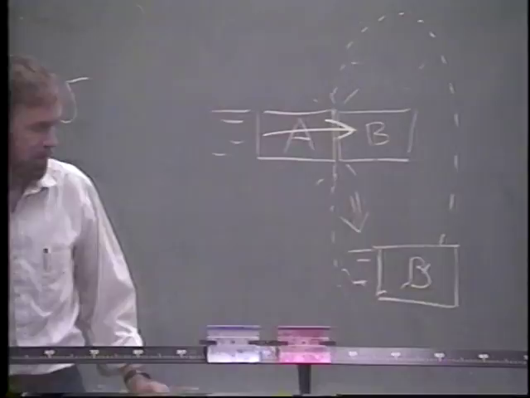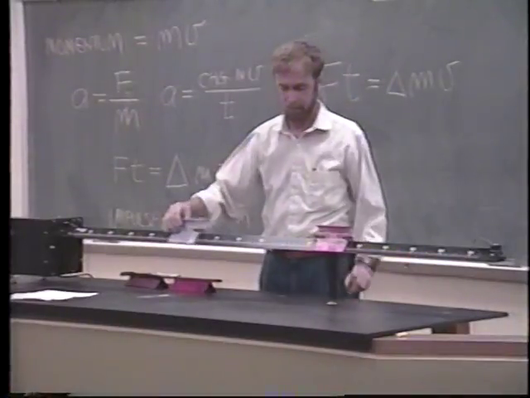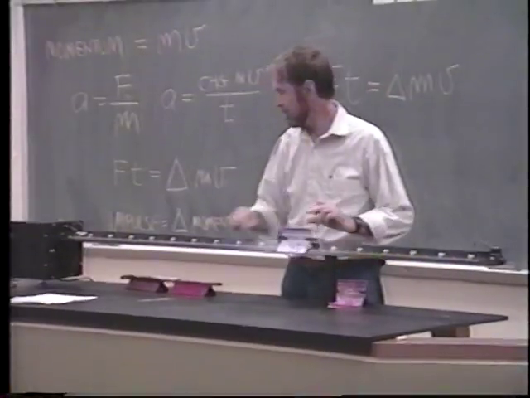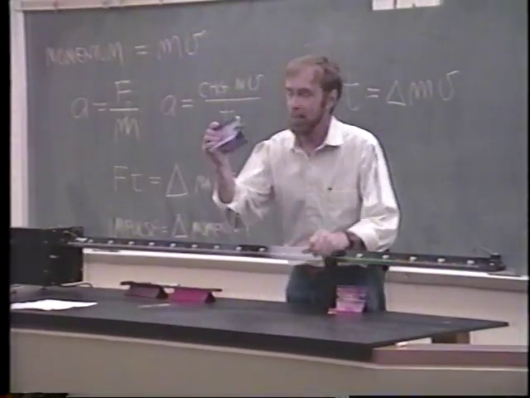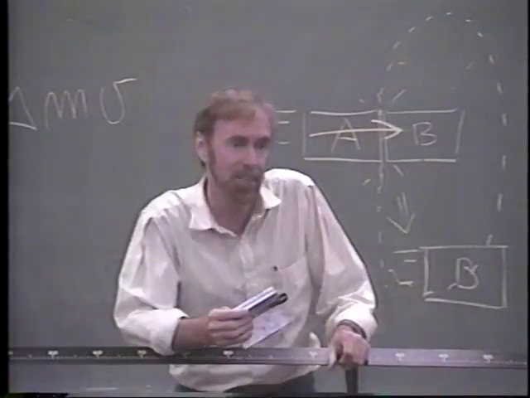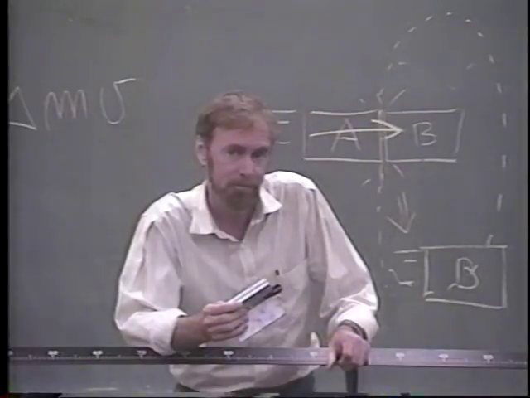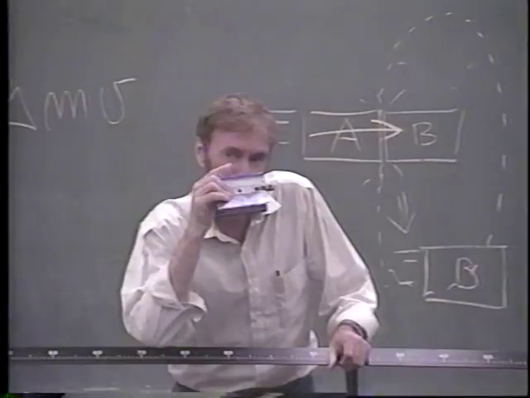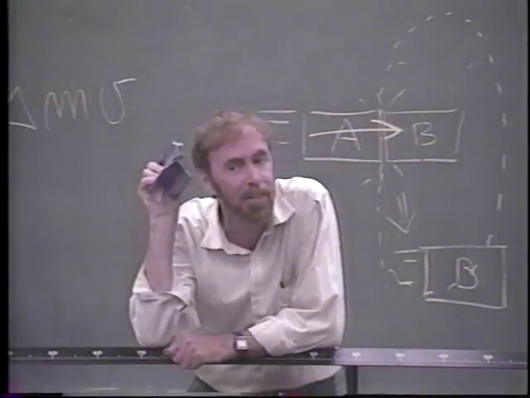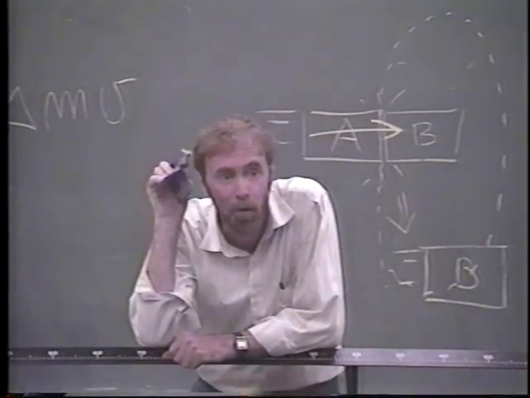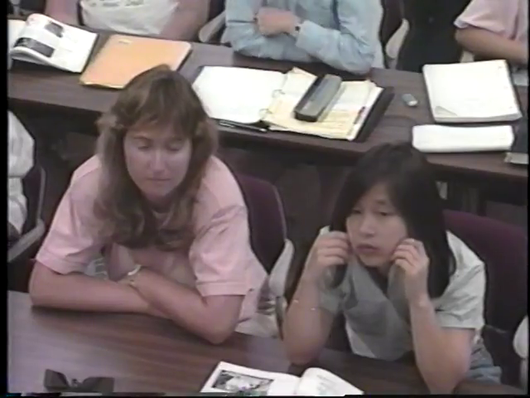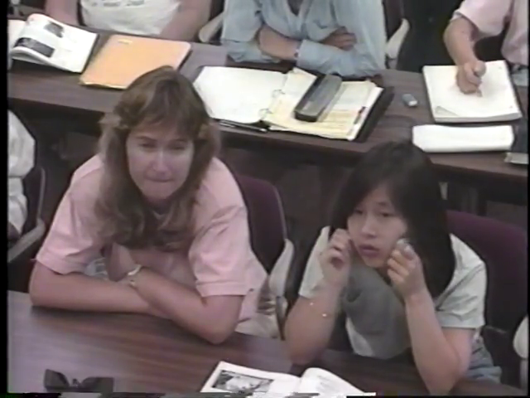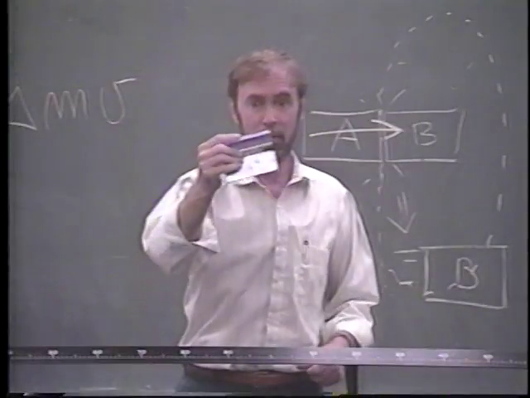Let me show you again. Why did object A slow down to a dead stop? What slowed this down? To say it slowed down is to say there was a change in momentum. True or false? And if there's a change in momentum, there has to be, true or false, an impulse. And did you see an impulse act on this?